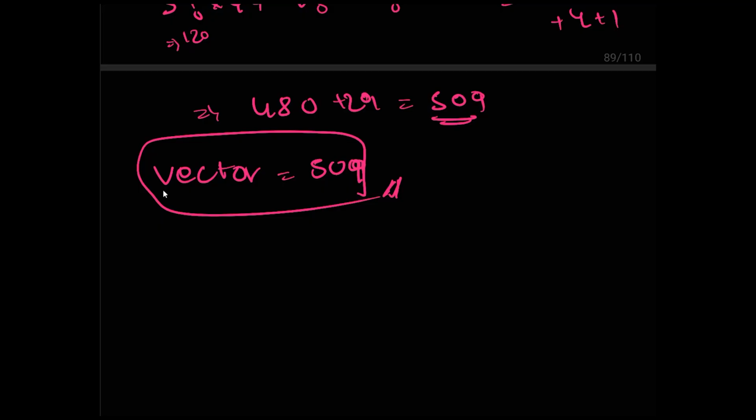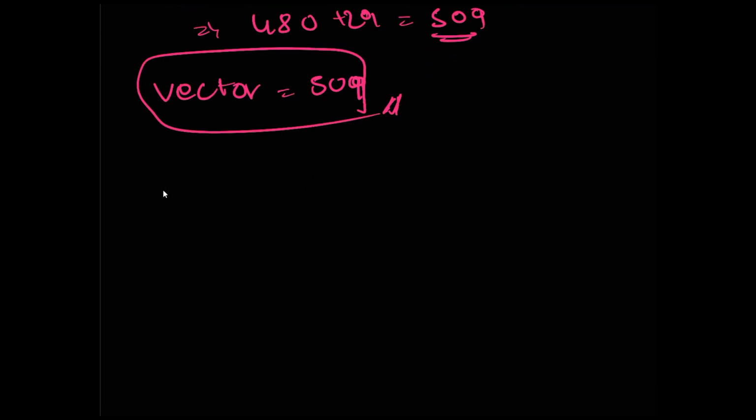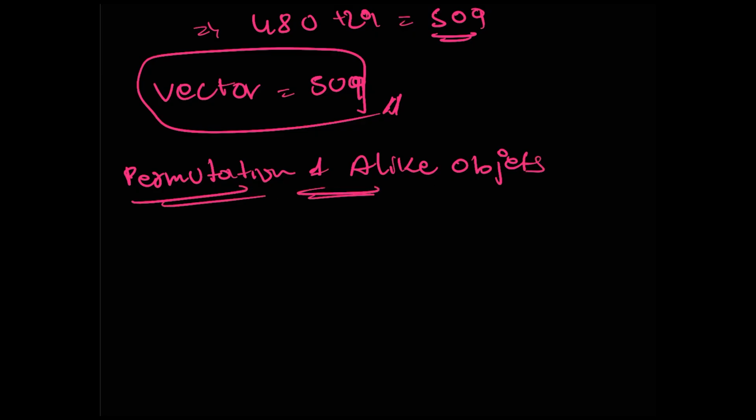This is one type of problem they can ask. Now, another type will be permutation of alike objects. For example, let us take there are A similar objects.